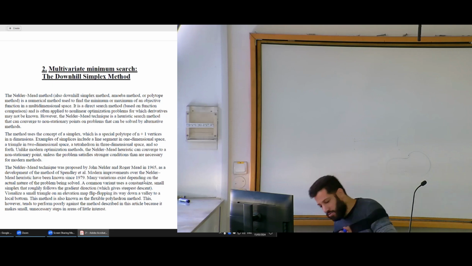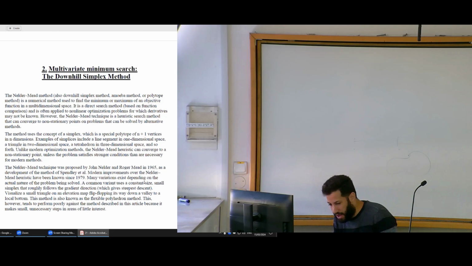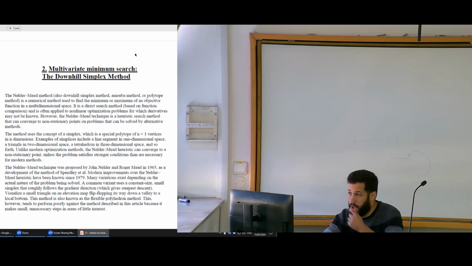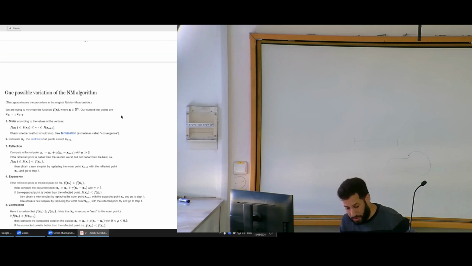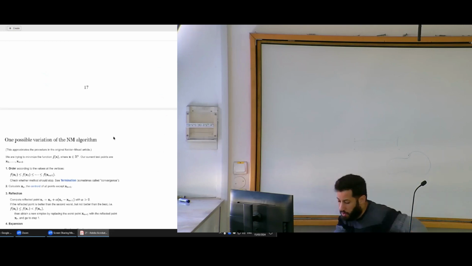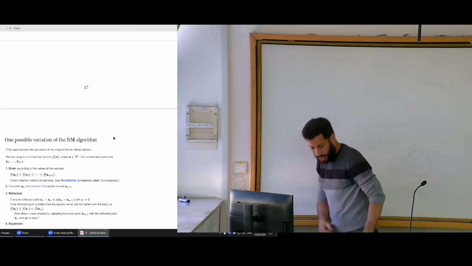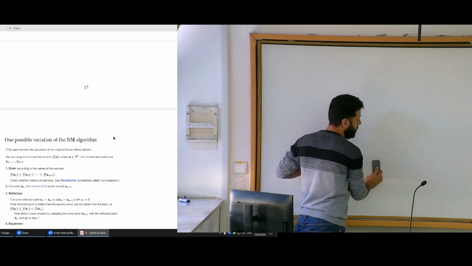So the algorithms with multidimensional minimization are, let's say, much more complicated and less guaranteeing that we have a solution. But we'll talk about what's called the downhill simplex method, which, if we are, for example, in 2 dimensions, we will talk about some triangle.